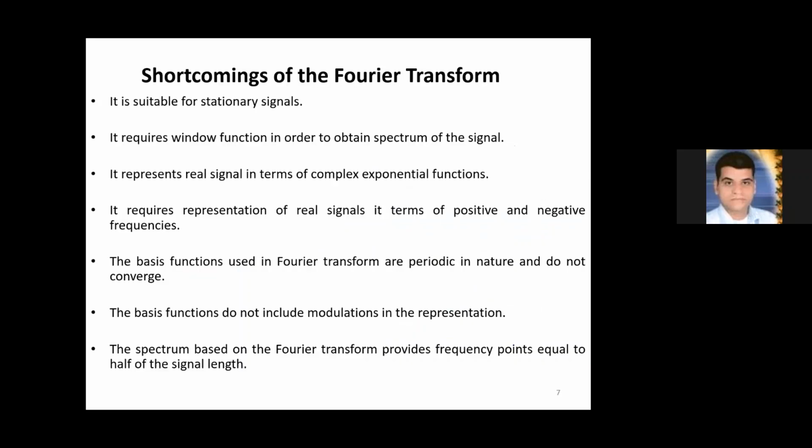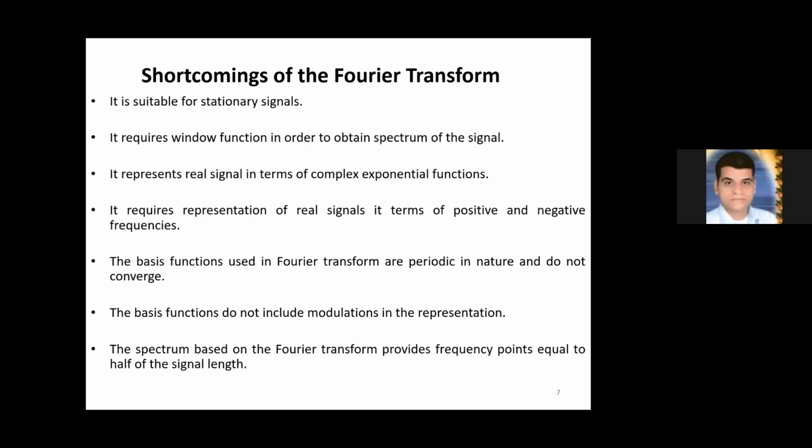And this Fourier transform is a very well-known transform, but it has some shortcomings and limitations. It is suitable for stationary signals, and it requires the use of a window function in order to obtain the spectrum of the signal. The method that we have seen on the last slide uses complex exponential functions to represent the signal.